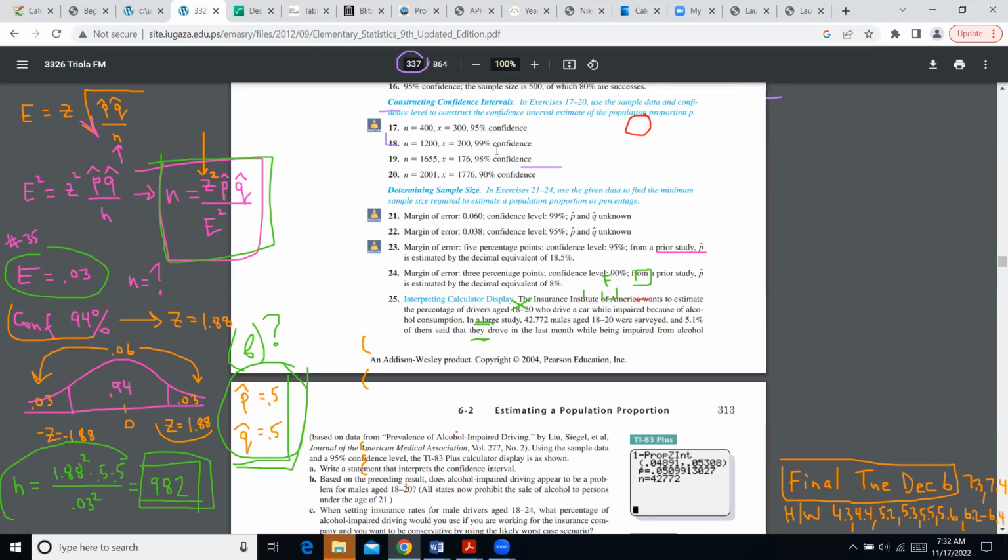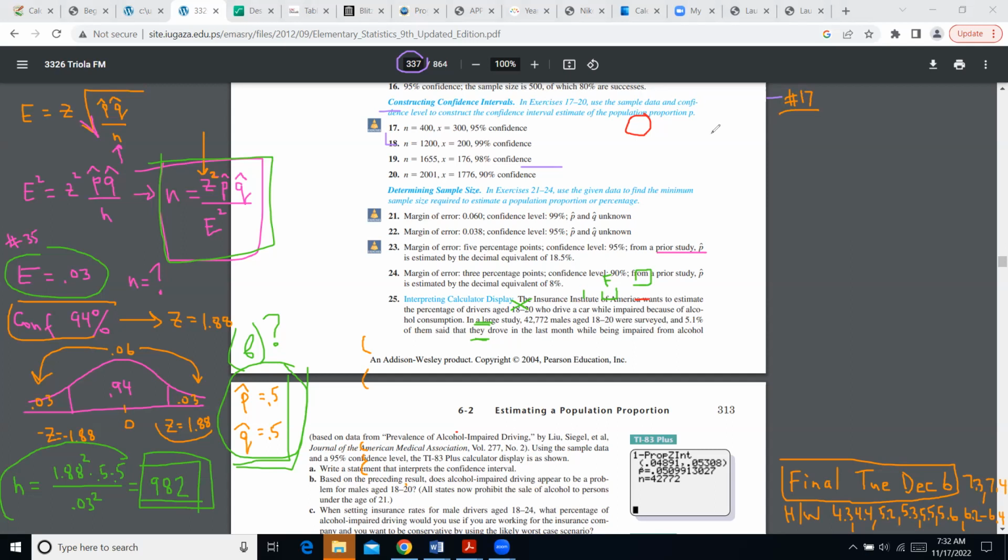So I can do problem number 17, because with this 94 level of confidence, it's pretty odd. Usually the level of confidence is standard, like 99 or 95. That's the most popular confidence level.